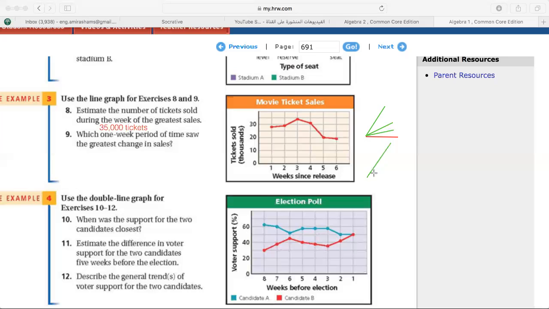This one, and this one, and this one. Okay, so which one week period of time saw the greatest change in sales? And as I know that change means slope, which week shows the greatest change, the greatest slope.